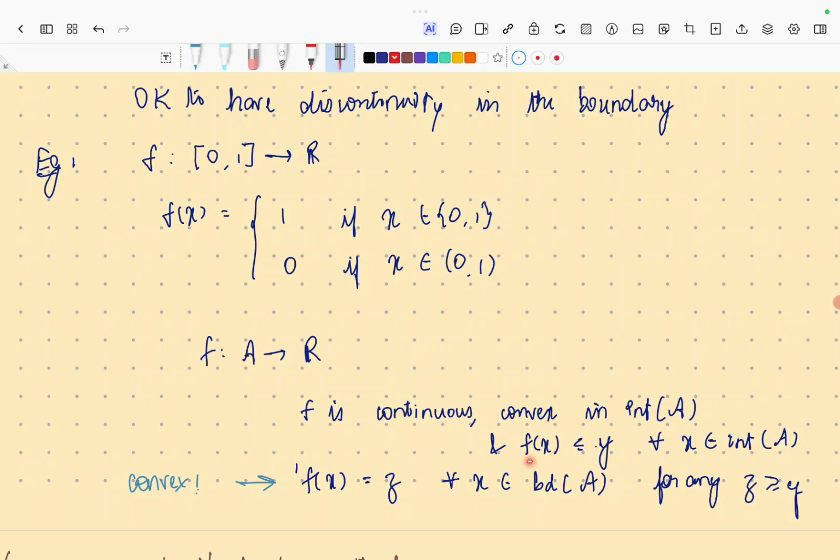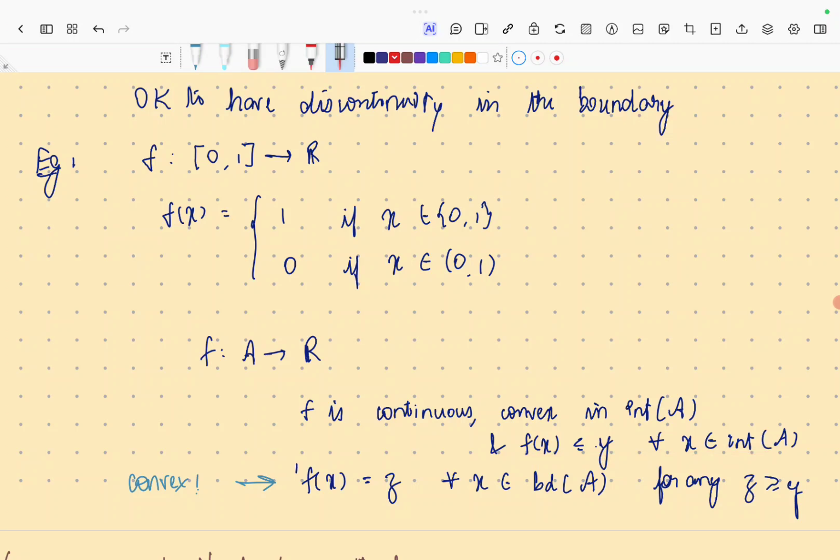So z is greater than the supremum of f of x, right? Because y is greater than or equal to f of x for all x in the interior. True. So what I'm trying to say is you could still have, on the boundary, a jump kind of thing, right? Exactly. So it's still convex. That's acceptable. Okay. So that's the point that I'm trying to make.